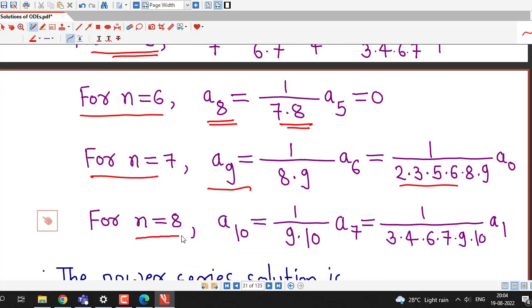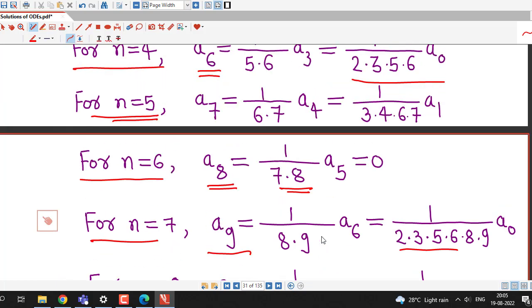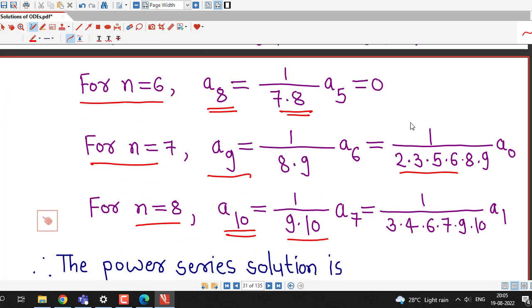And for n equal to 8, I write a10, and a10 is a7 into 1 over 9 into 10. a7 is already obtained. It is 1 over 3 into 4 into 6 into 7 into a1. So we substitute value of a7 and we obtain a10 in terms of a1.